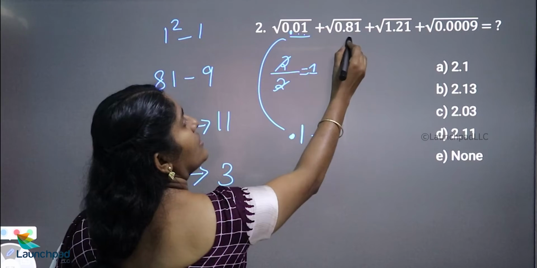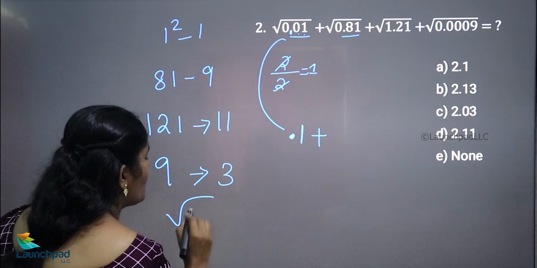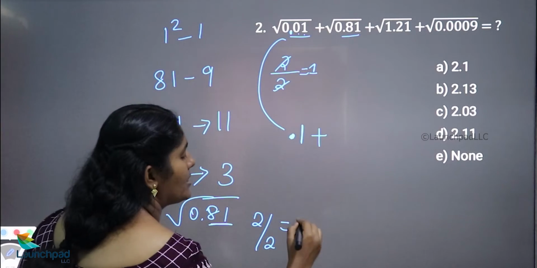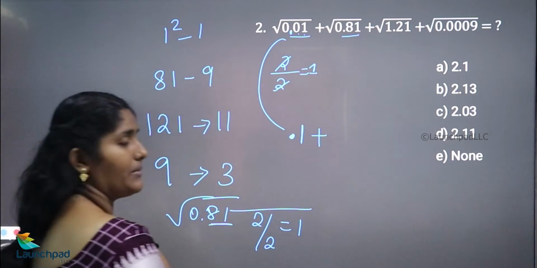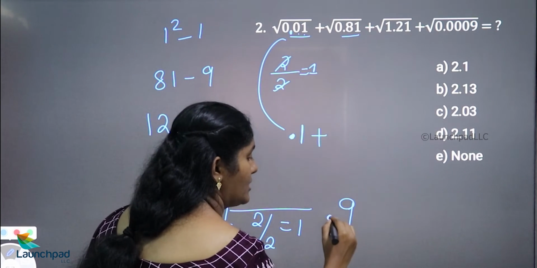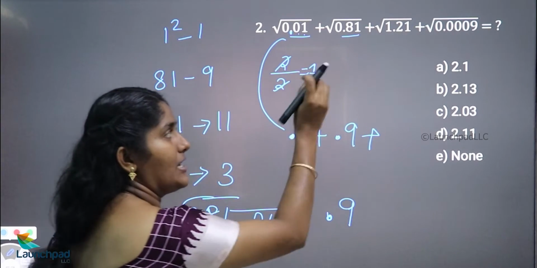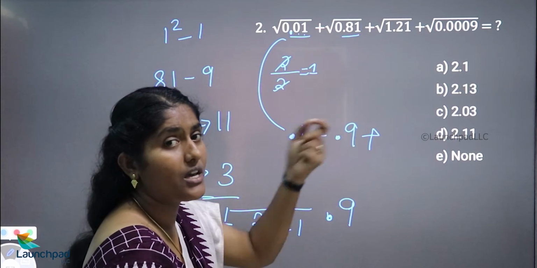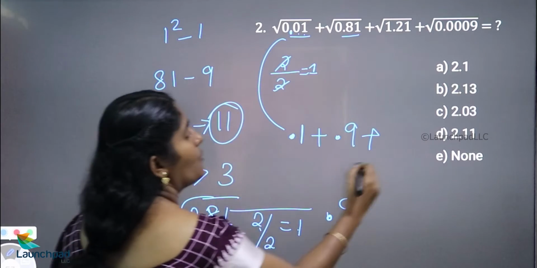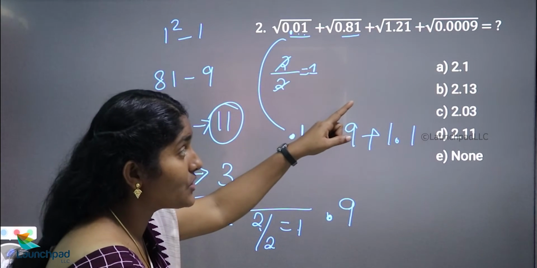Plus 0.81: how many numbers are there? 2. 2 divided by 2 means 1 decimal place. The square root of 81 is 9, so moving the decimal, it is 0.9. And 1.21: similarly, how many numbers are there after the decimal point? 2. 2 divided by 2 is 1. So 11 means 1.1.